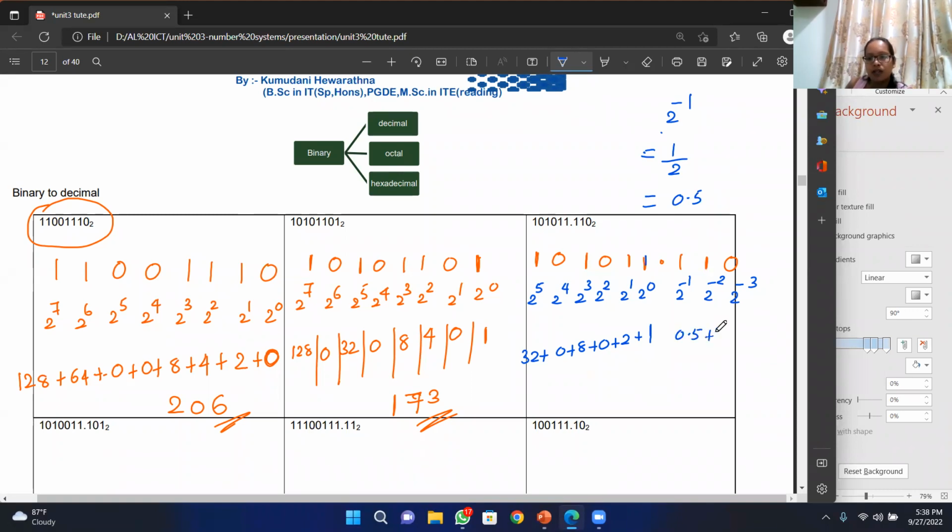Next one? 0.25. Yes, 2 to the power minus 2 means 1 over 4, that is 0.25. And next one you have to take 0. So this place, that is 75, isn't it? 0.75. From this part, 8, 2 is 10, 2 is 12, 13, remaining 1, with 4. 43.75. Teacher.